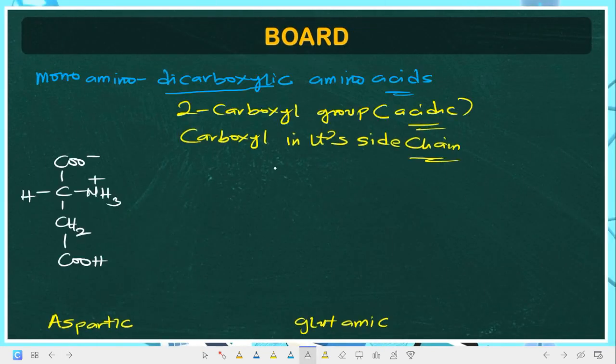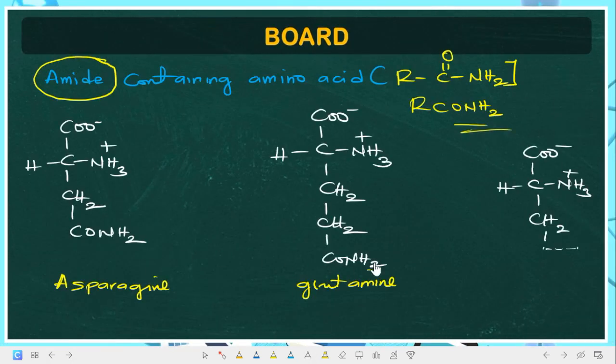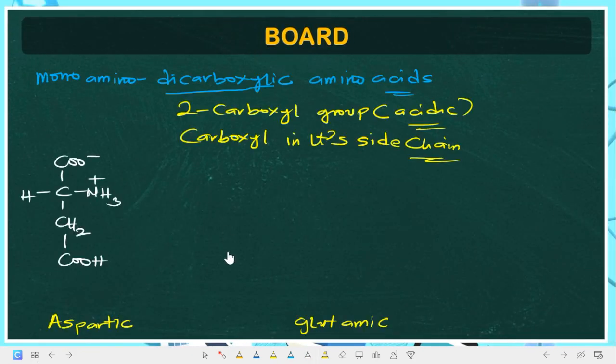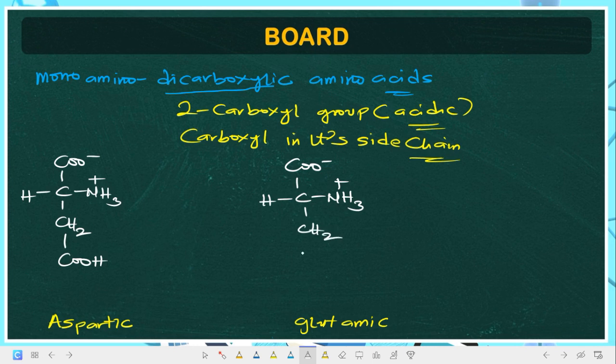Same thing applicable here. Glutamic acid will be gotten from glutamine. Just change this CONH2 to COOH. So this gives us COO negative, then C, then NH3 positive, then H, then CH2, COOH.